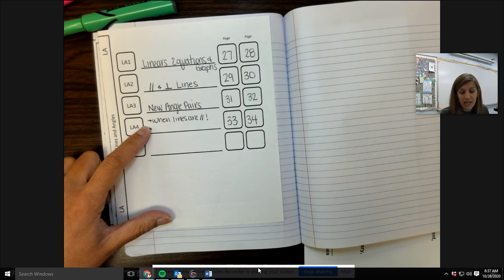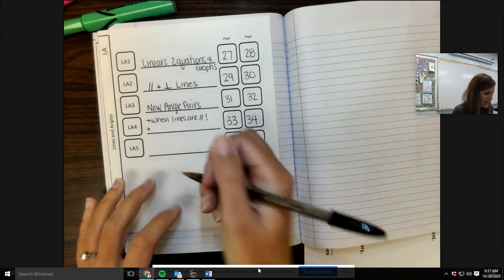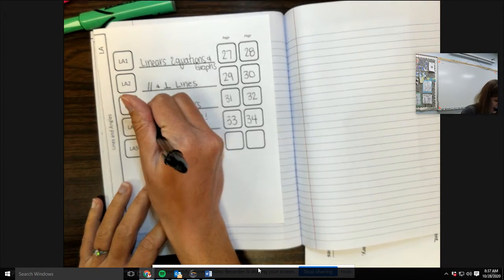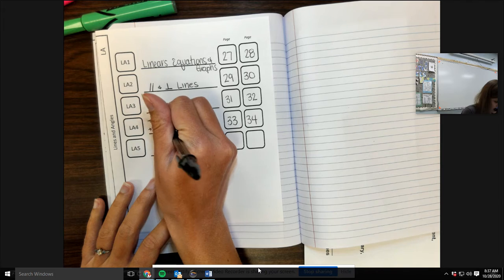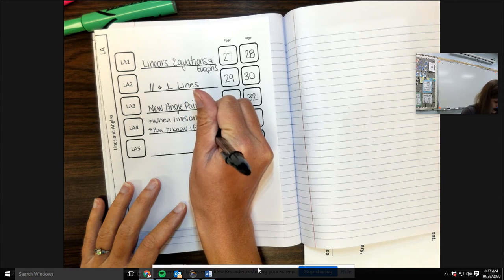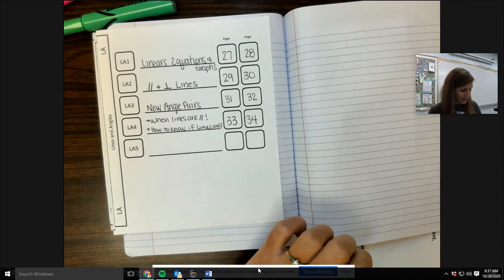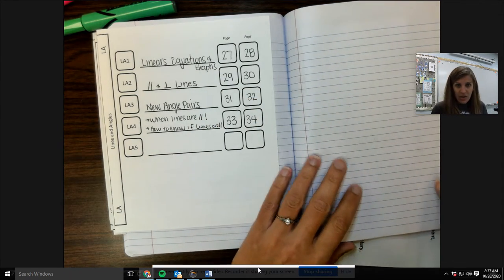When the lines are parallel, we have congruent angles or supplementary angles. So what we need to talk about now is how to know if lines are parallel, and that's going to be on 34. Okay, so how to know if lines are parallel.